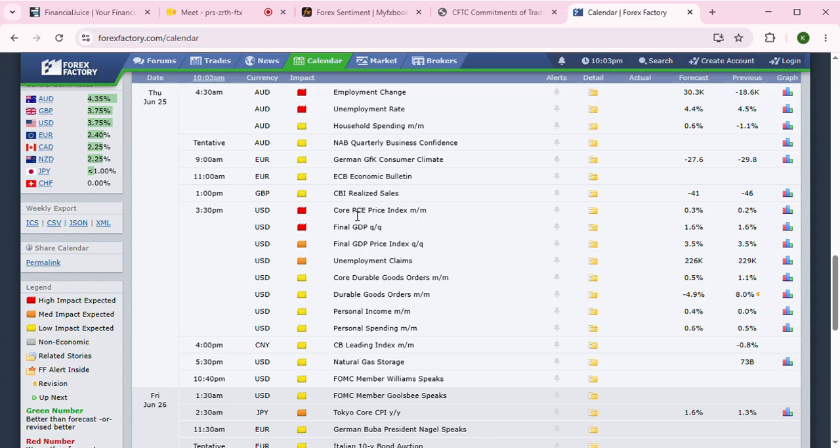So now in this case, let's check. Previous was at 0.2%. So if this time around the actual is going to come out greater than previous, that means inflation is going high. And also, if we base our argument on what we saw last week, that is on CPI, the Fed kept the interest rates at a pause, unchanged.